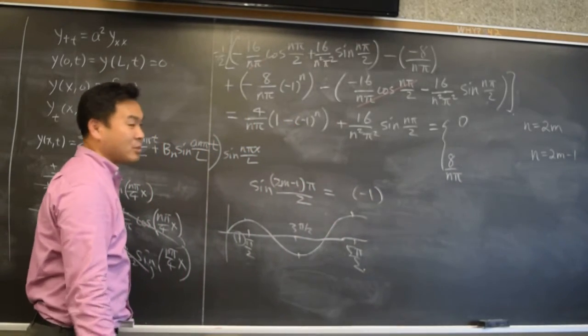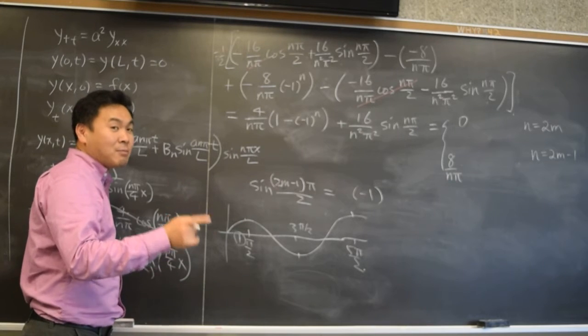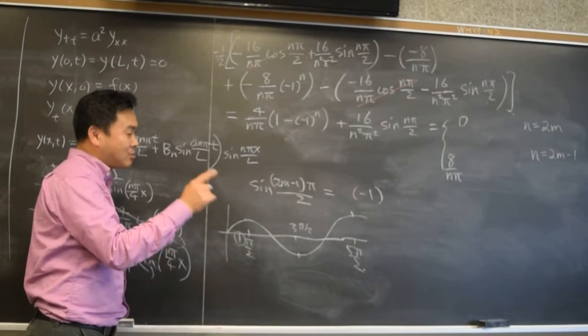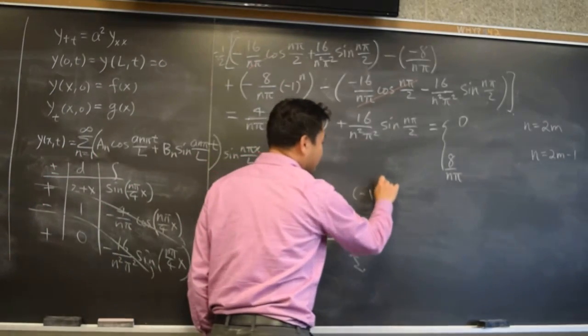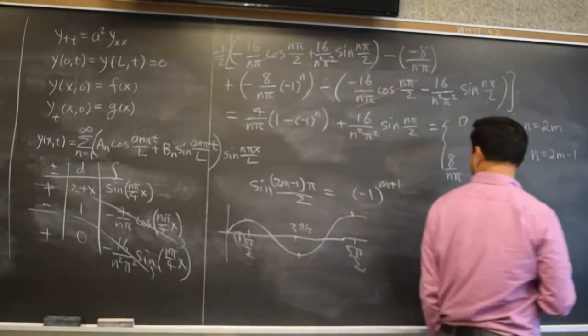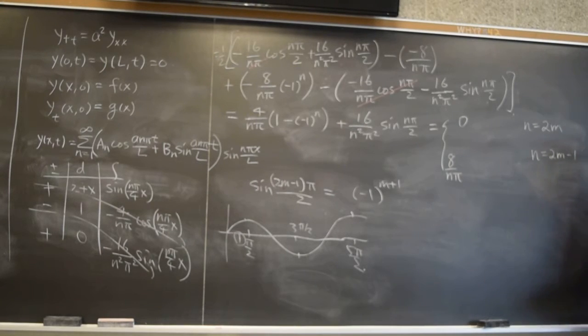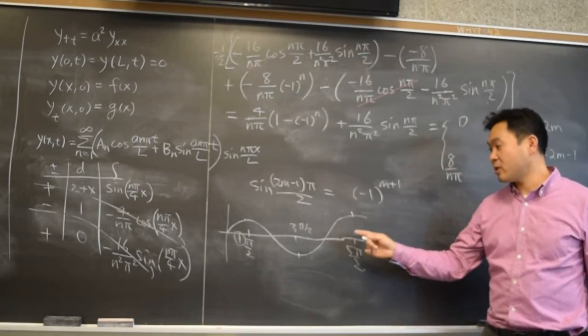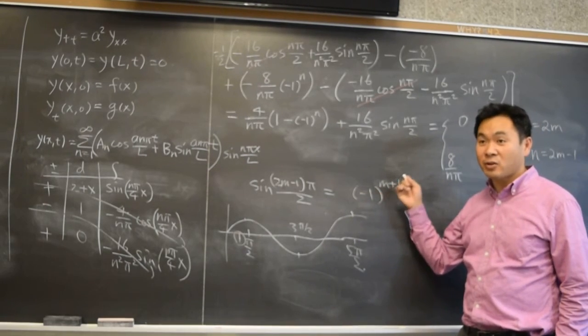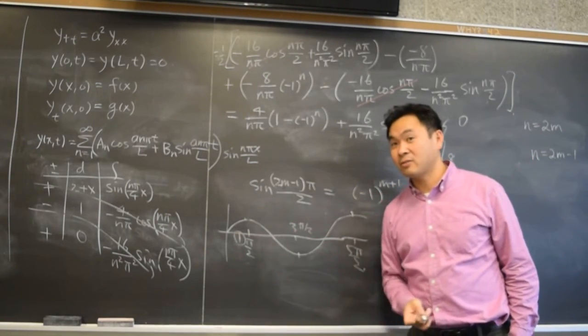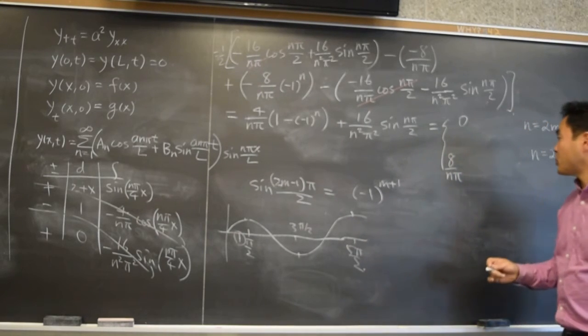I want this to alternate, depending on whether m is odd or m is even. Just m plus 1. Okay. That's what it is, right? If m is 1, 1 plus 1 is 2, negative 1 to the second power is 1, exactly as we have. So that's what we get.